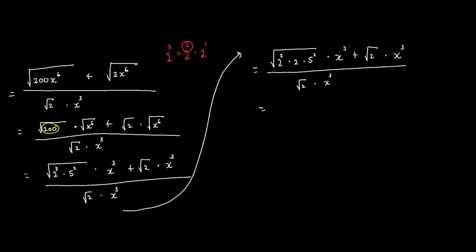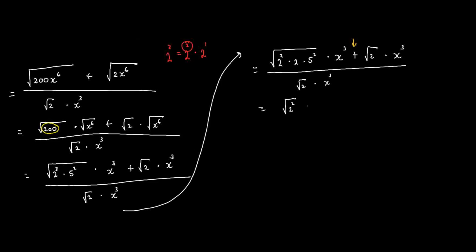And by the way, I'm being very deliberate because I notice that there's a plus in the numerator. If there's a plus in the numerator, what comes to mind is possibly factorization. I might be required to factorize by taking out a common factor, or maybe another type of factorization, but in this case, it has to be taking out the common factor. So this will simplify to the square root.